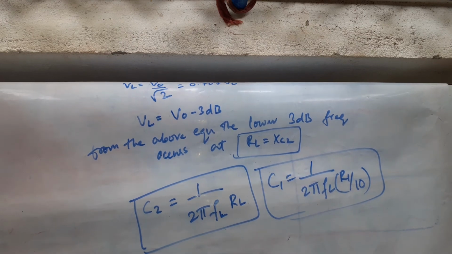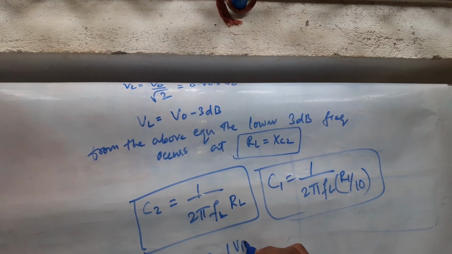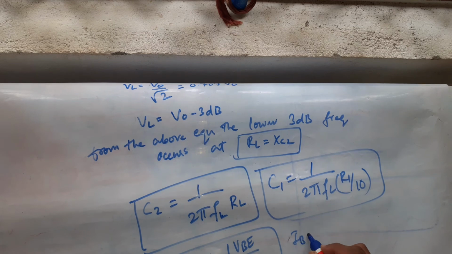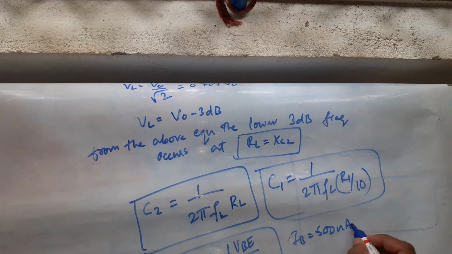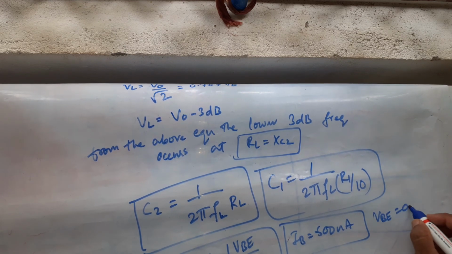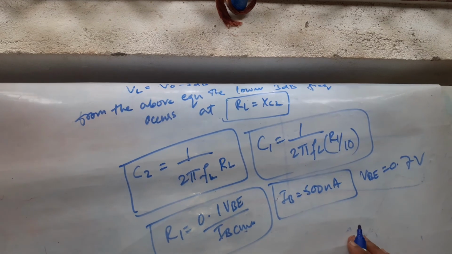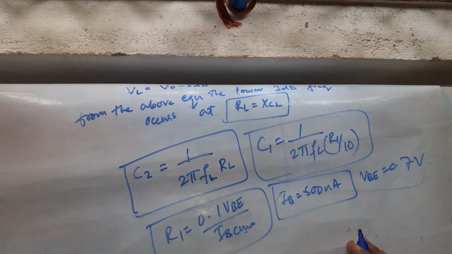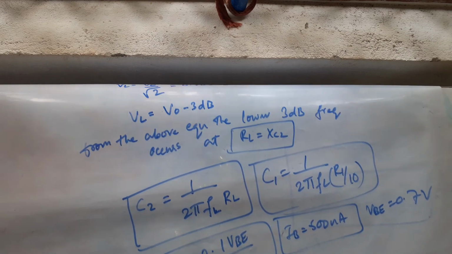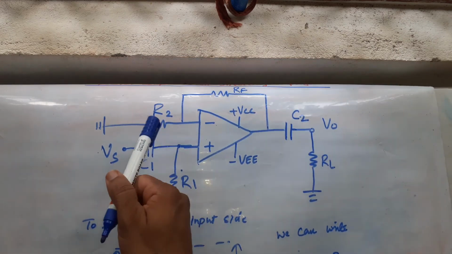Important equations. R1 is 0.1 VBE by IB max. What is IB max? IB max is 500 nanoamps. VBE is 0.7. Then what is remaining? R2 we find like this: Vs divided by I2, where I2 is the current flowing through R2.